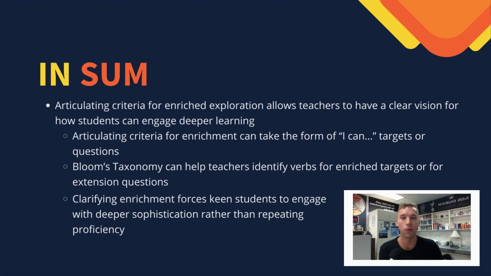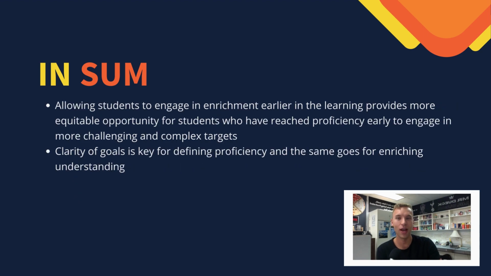Clarifying enrichment forces keen students to engage with deeper sophistication rather than repeating proficiency. Allowing students to engage in enrichment earlier in the learning provides more equitable opportunity for students who have reached proficiency early to engage in more challenging and complex targets. Clarity of goals is key for defining proficiency, and the same goes for enriching understanding.